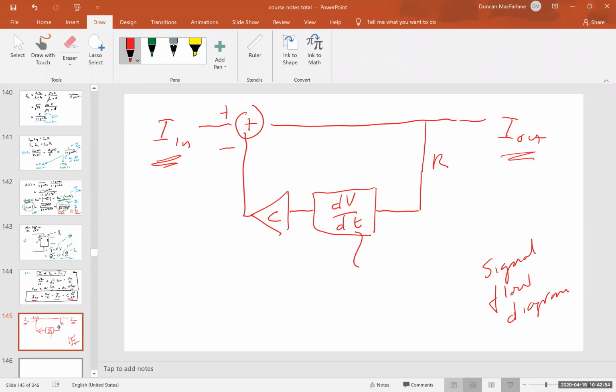And notice that this plays the role of a j omega. It also plays the role of that delay. The charging of the capacitor and then the discharging of the capacitor gives you a frequency dependent delay or the phase shift of what's going on.